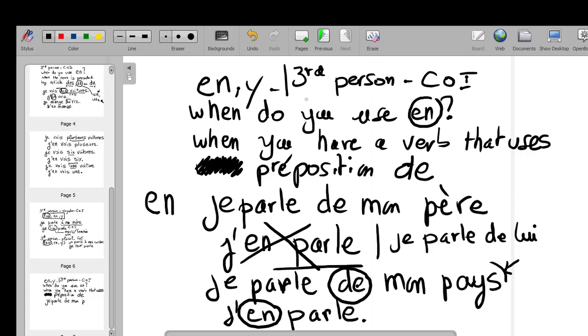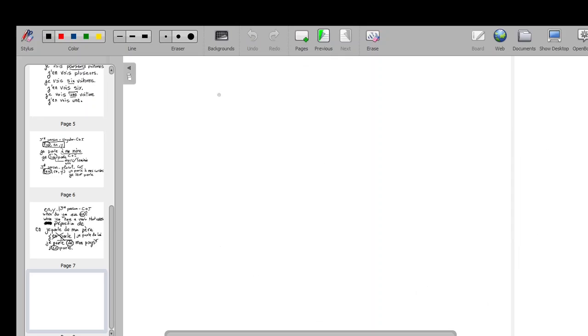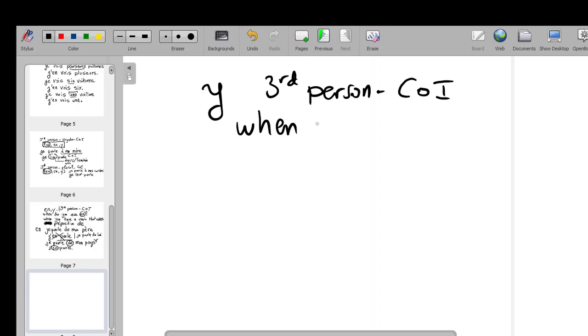And now we need to talk about y. Okay, so y. Again, it's third person function COI. When do you use y?